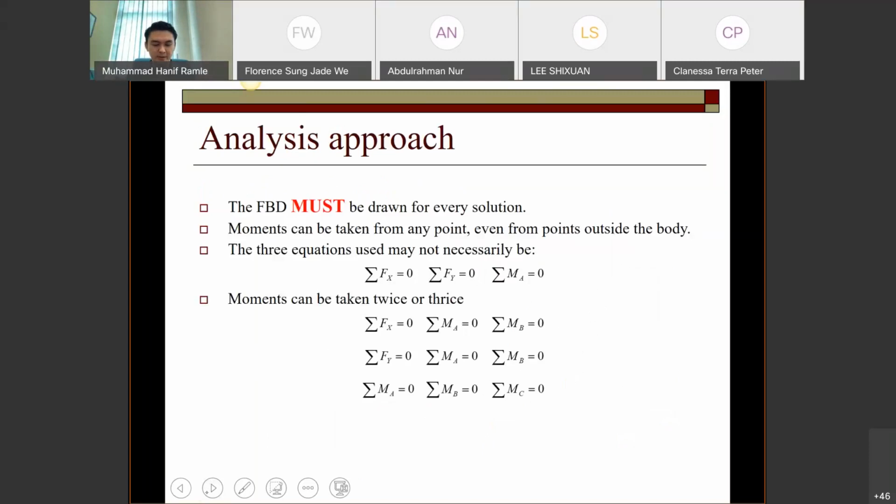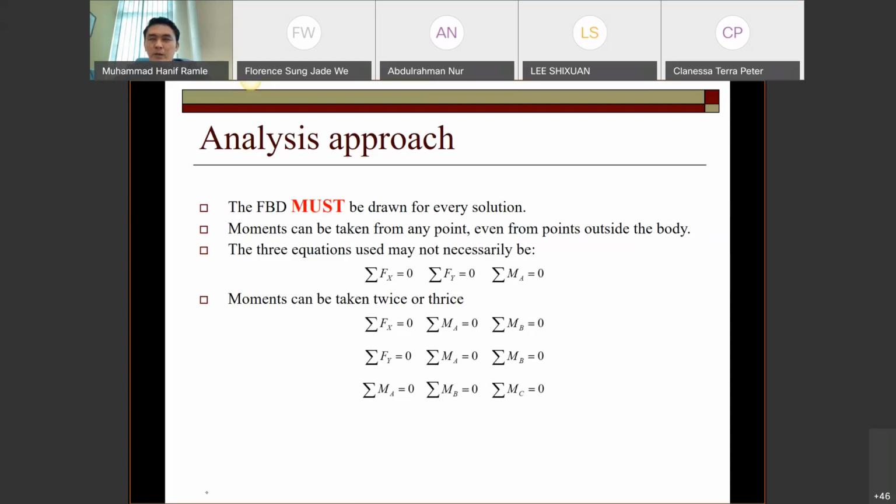Okay, so the previous one, we have learned about the FBD, free body diagram. Of course, we learn to draw the FBD, we learn to determine the reaction, we learn to identify the number of reactions, and how many.